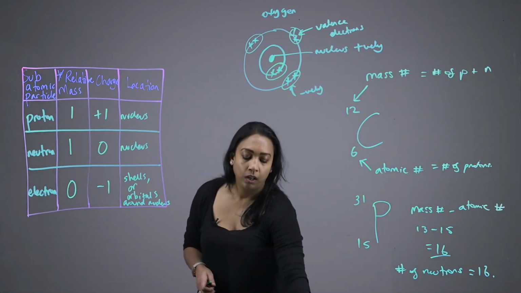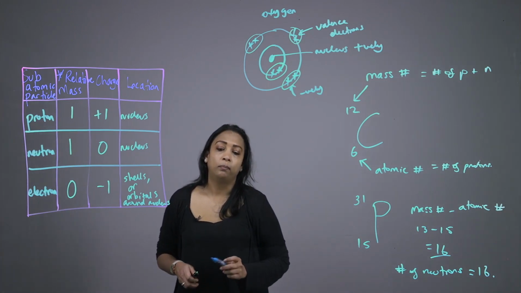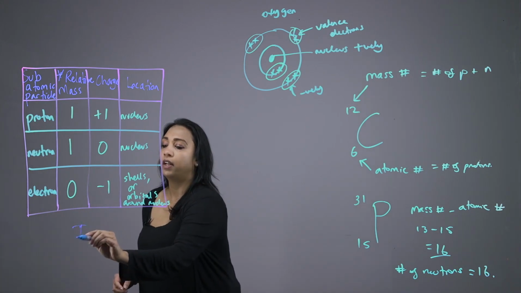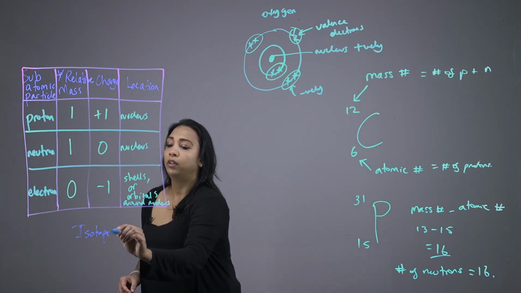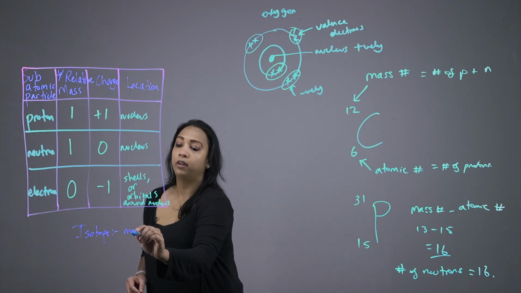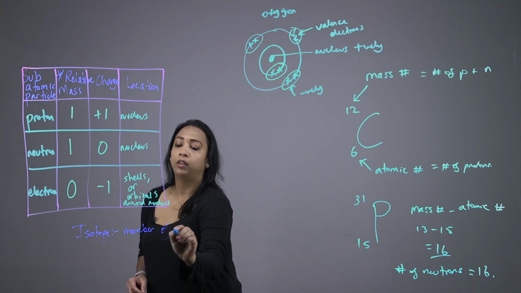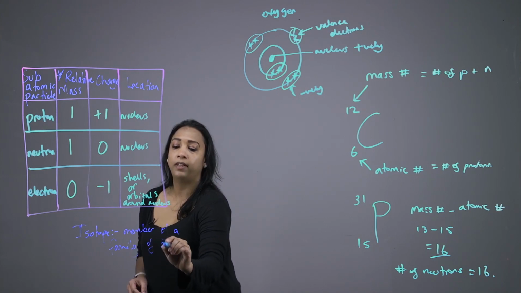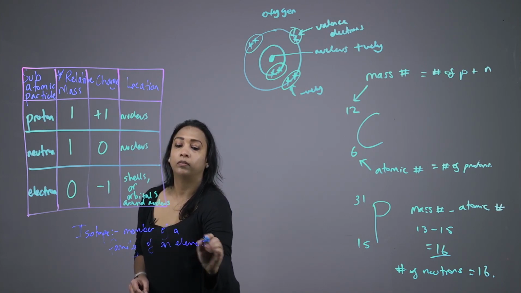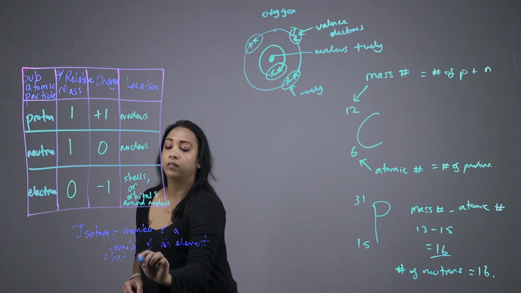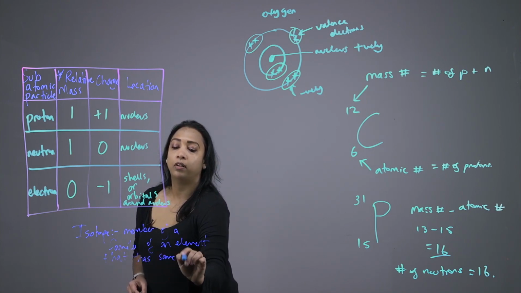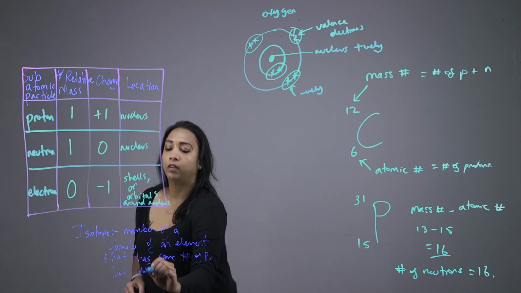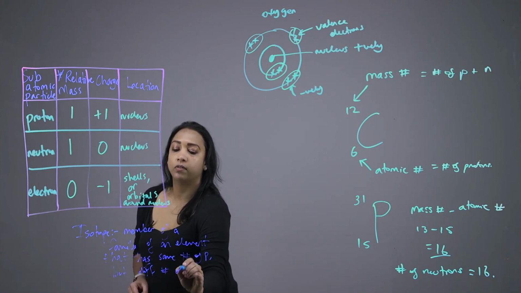So I'd like to wrap up this video by talking a little bit about isotopes. The definition of an isotope is that it is a member of a family of an element that has the same number of protons but different numbers of neutrons.